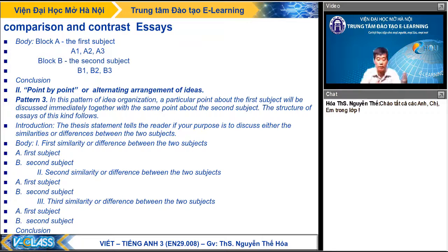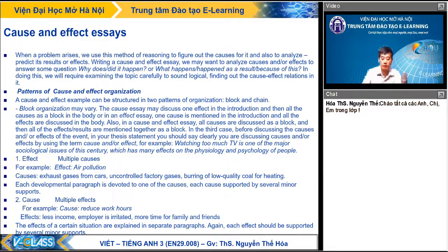You write both the similarities or the differences between the two subjects. So it is called a point by point pattern. So you have two kinds of methods for how to write a comparison and contrast essay. That's about it.